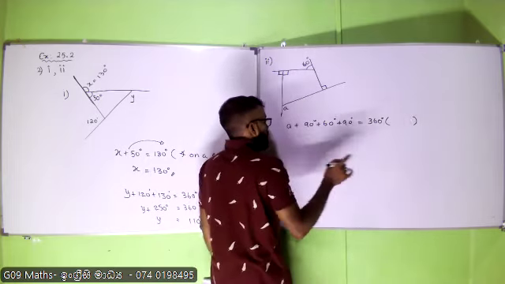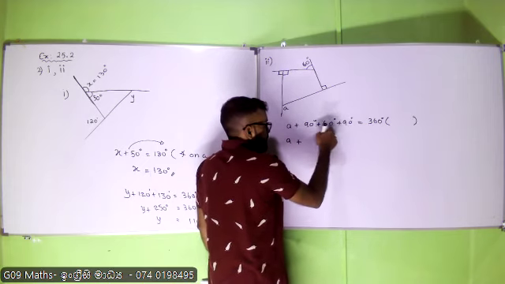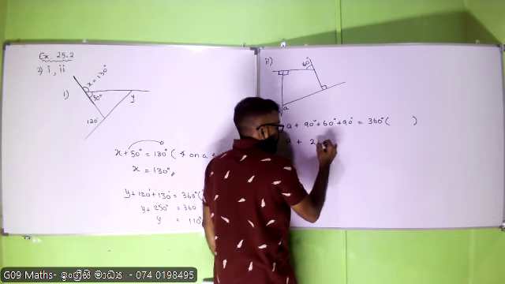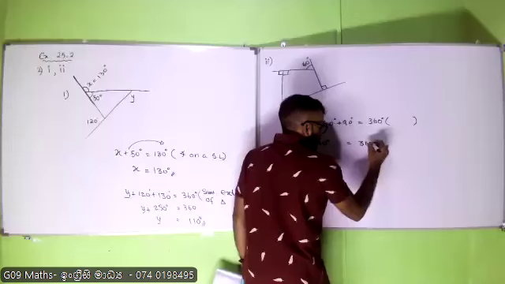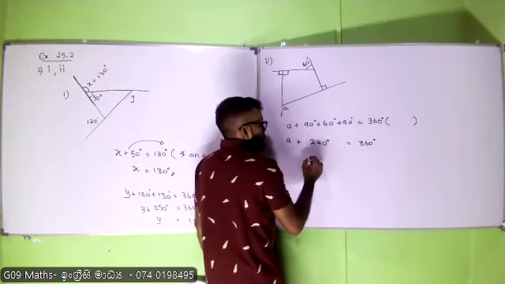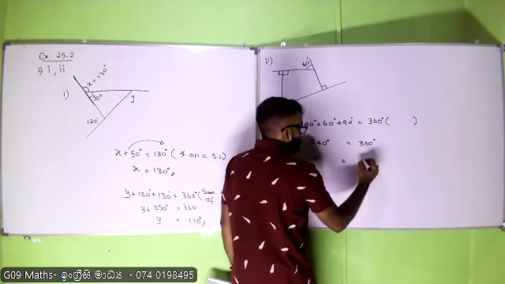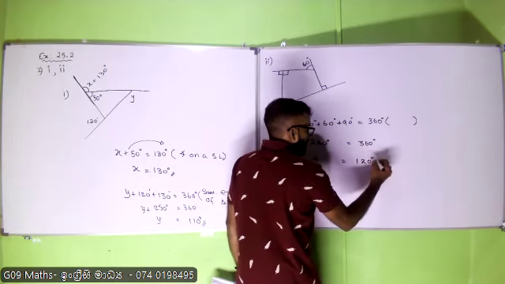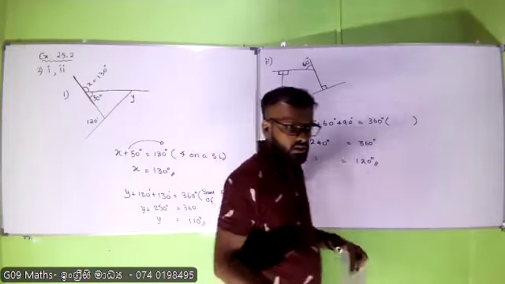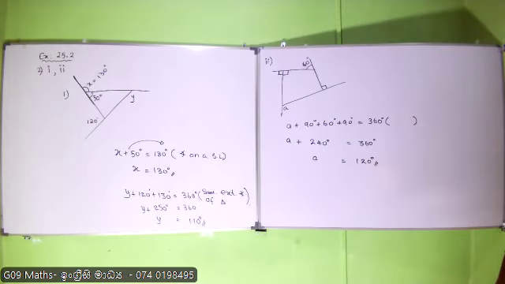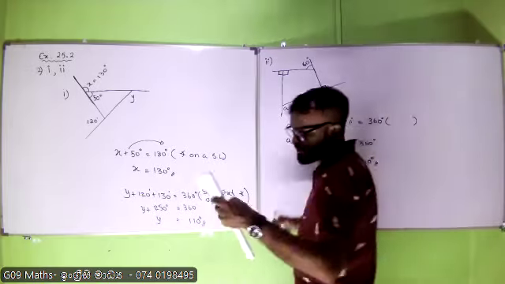A plus 240 equals 360 degrees. A equals 120. Is this correct? Yeah. I hope you guys got the correct answers.